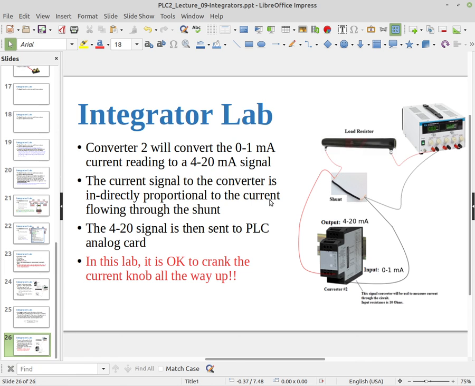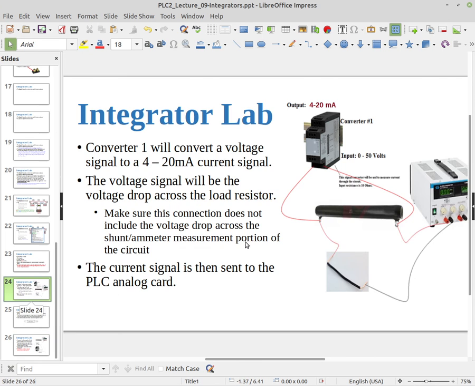Alright, so we're going to use one of these converters as a current meter and the other converter as the voltage meter. This converter number 1 here is going to be measuring the voltage. We're going to use the voltage setting between 0 to 50 volts.